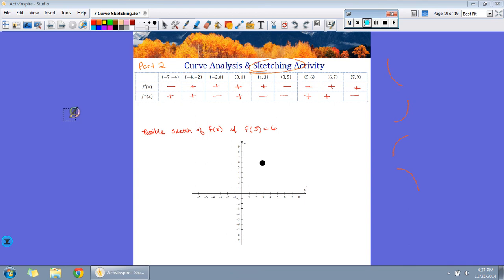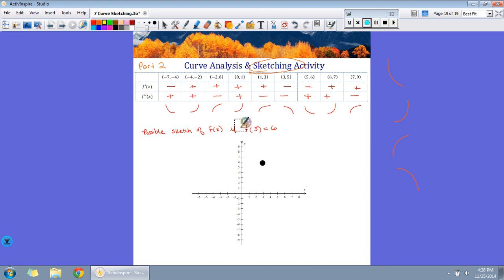For our particular sign chart, our shapes are going to be decreasing concave up, increasing concave up, increasing concave down, increasing concave up, increasing concave down, decreasing concave down, decreasing concave up, increasing concave up, and increasing concave down.